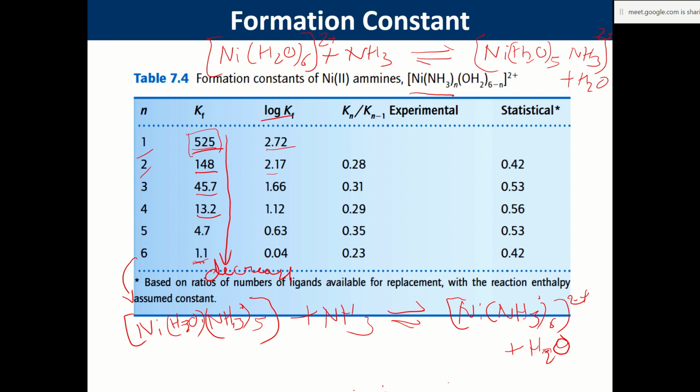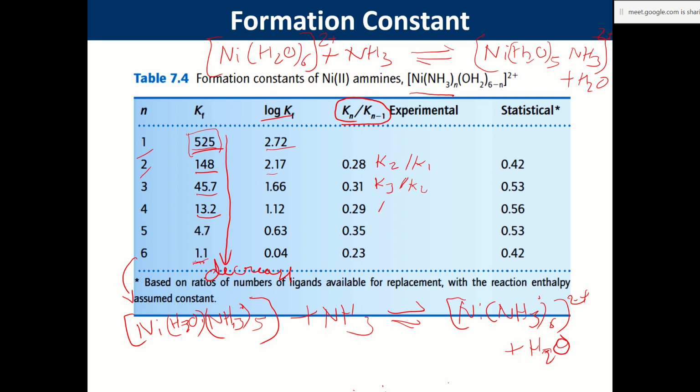Now, a very interesting thing that you will observe here. Take the ratio of two successive formation constants. This is K2 by K1. This is K3 by K2.